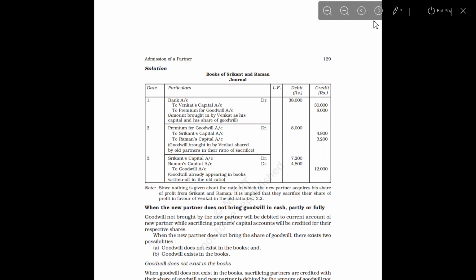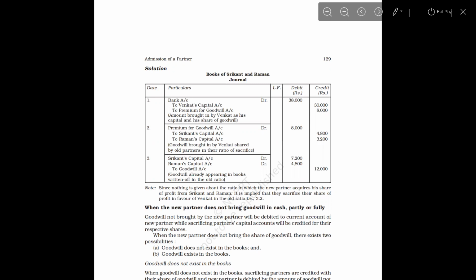Premium for goodwill is equal to 24,000 into that new partner's share, 1 by 3. So bank account debit to Venkat's Capital, to premium for goodwill 8,000.